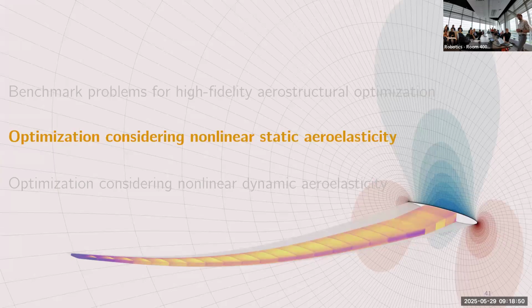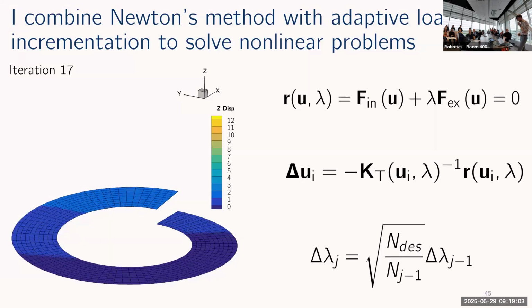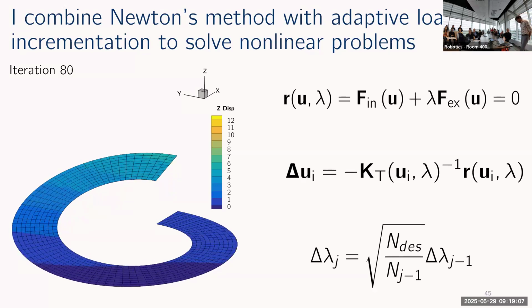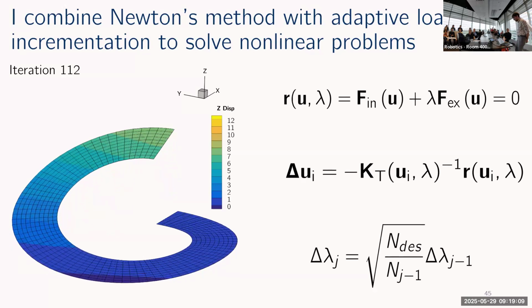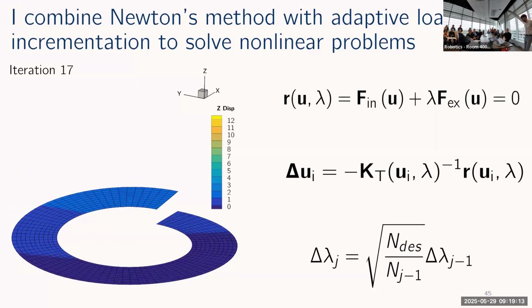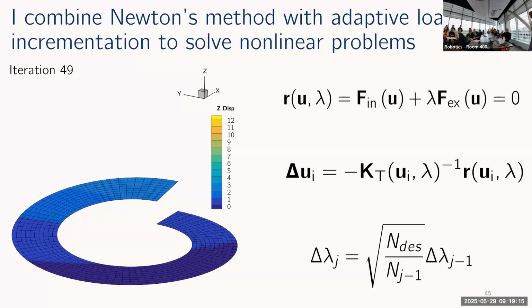So we need to be able to do aerostructural optimization considering geometrically nonlinear effects in these static maneuver conditions. So the first thing we need for that is the ability to do geometrically nonlinear structural analysis. And so within the finite element library that I use in this work, TACS, I implemented a nonlinear solver.